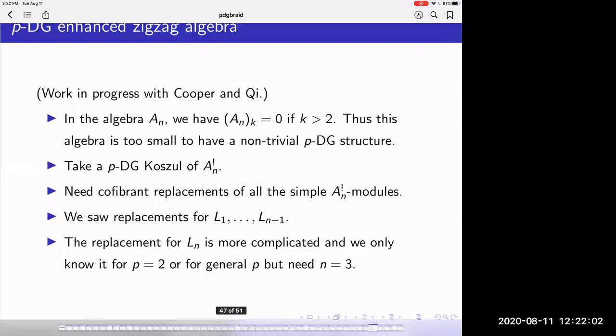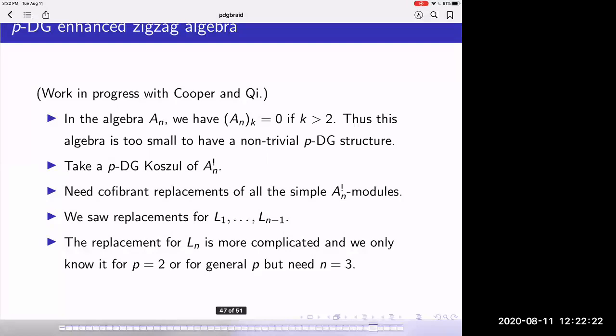So we need cofibrant replacements of all the simple AN streak modules. We actually saw that earlier: cofibrant replacements for L1 through Ln minus 1. I didn't talk about the cofibrant replacement for Ln because it's not necessary for the braid group action.